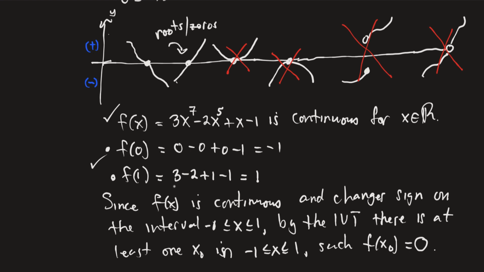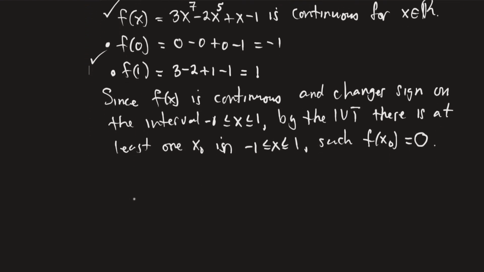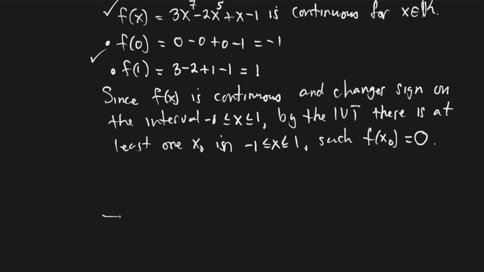At least one. It could be multiple ones. The function could do something like this, right? Here is your interval, 0 to 1. And we know that at 0, it's negative 1, so it starts somewhere down here. And then at 1, it's positive 1, so it's somewhere up here.